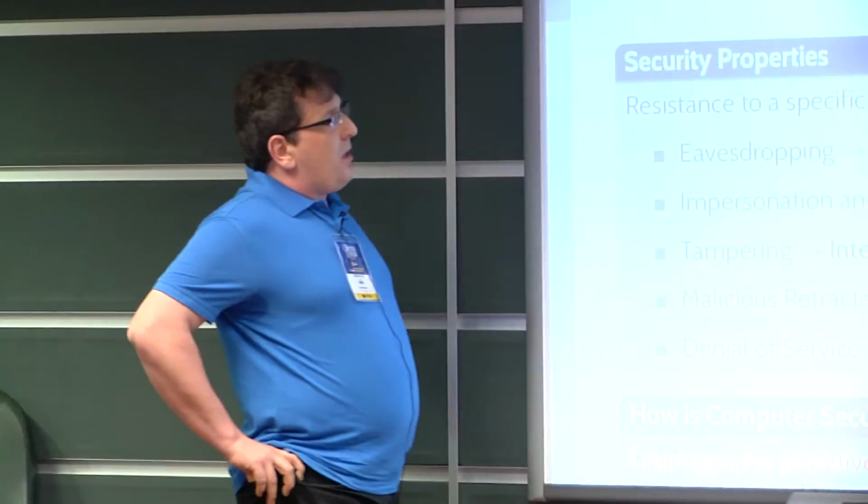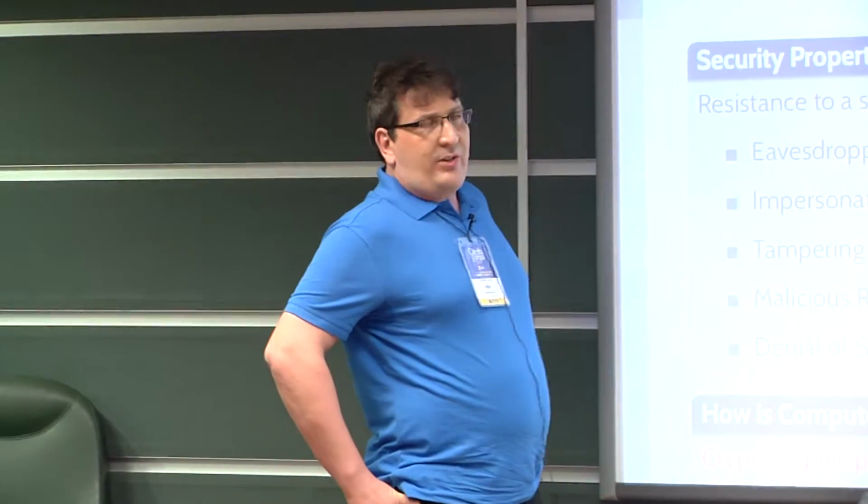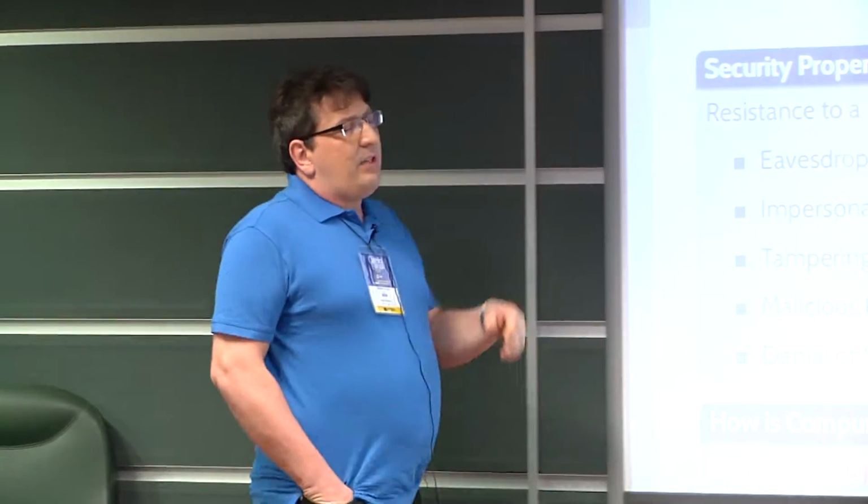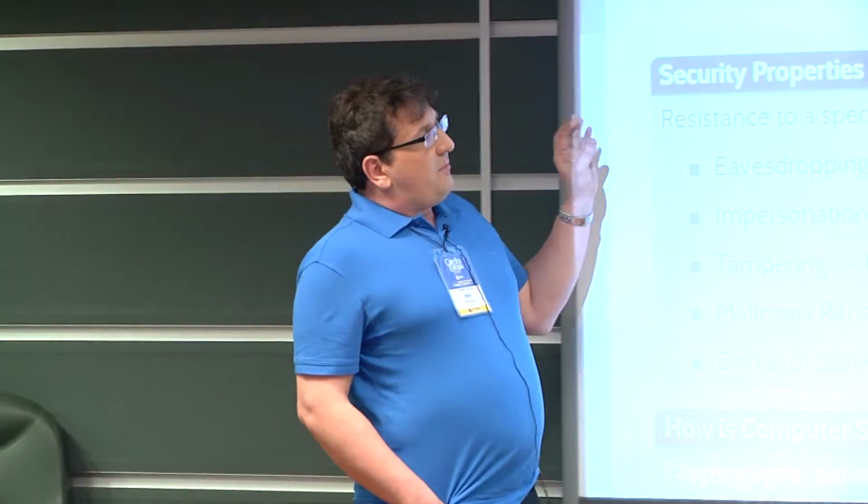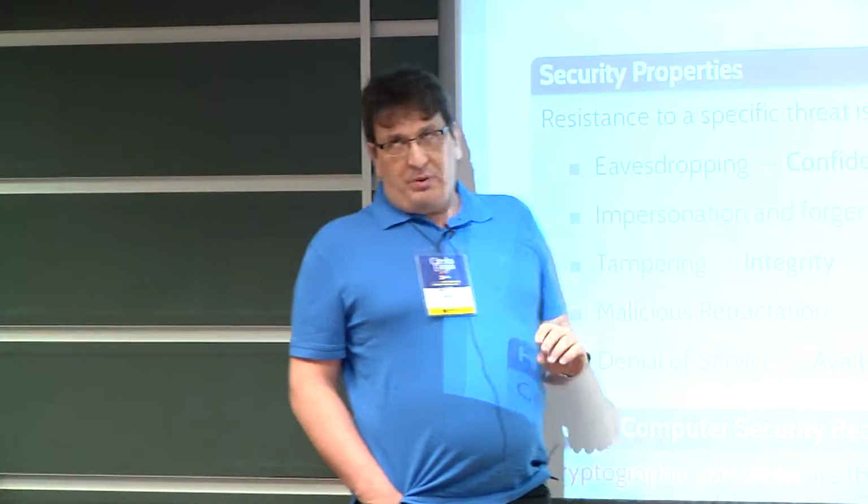So, in order to design a secure system with resistance to these kinds of threats, we need to specify and model the countermeasures to these threats as a satisfiability problem for some security properties.